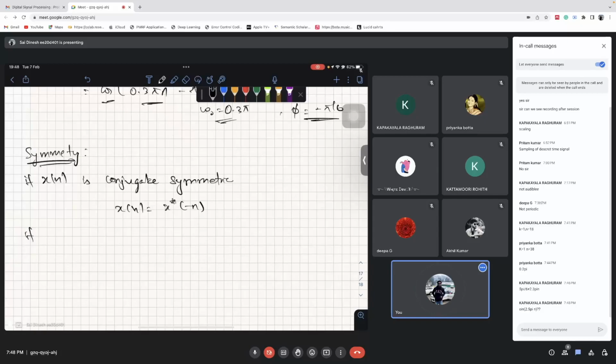And if x of n is conjugate antisymmetric, then x of n is equal to minus x star of minus n. So this is the thing.